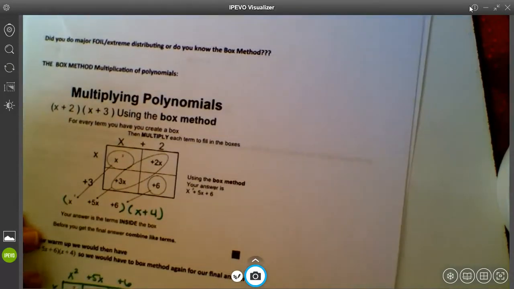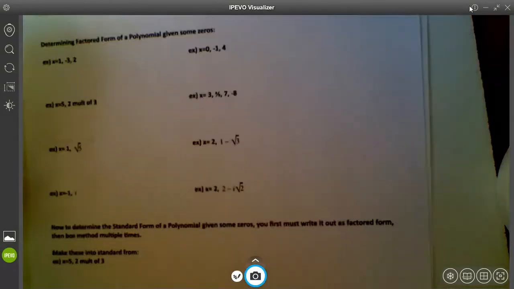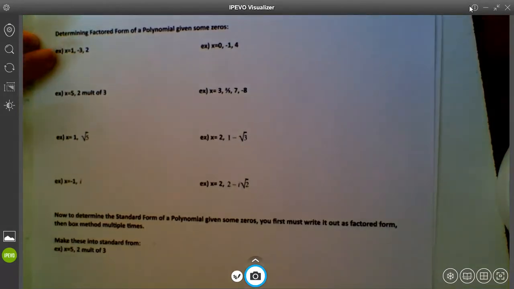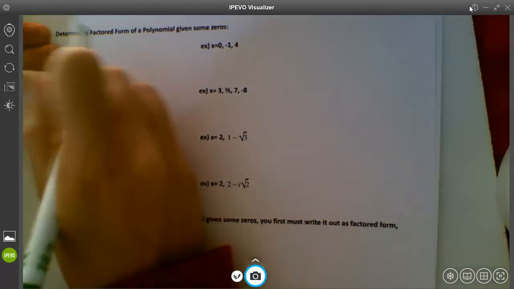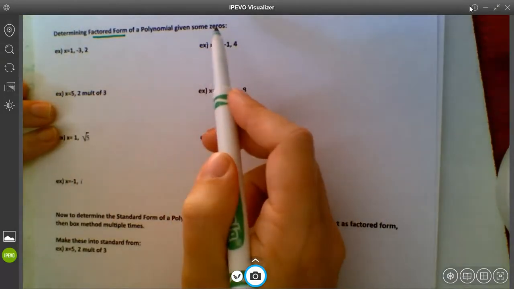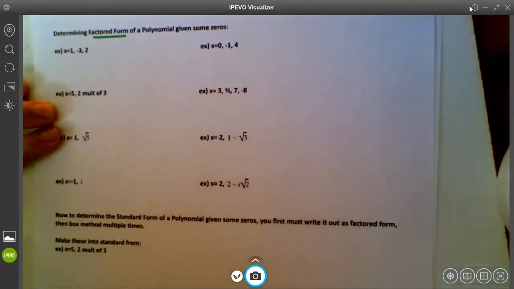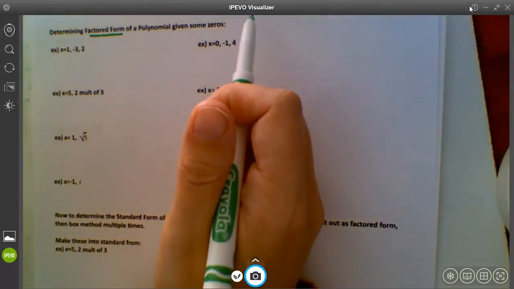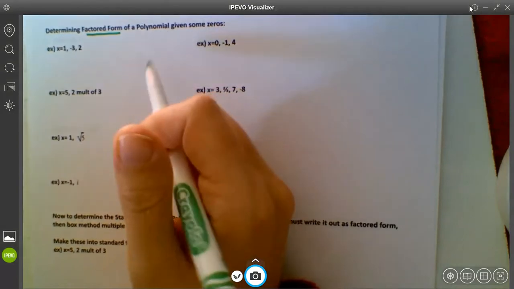So now that we're done our warm-up, we're going to flip the page. And we're going to recall something else that we've already learned this unit. And it's going to be determining factored form of a polynomial given some zeros. So factored form and zeros. All we have to think about is what's the relationship between factors and zeros.